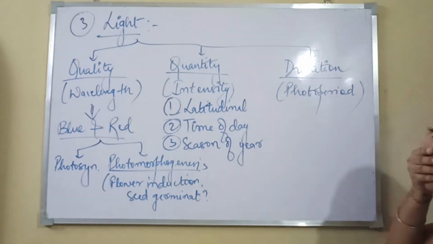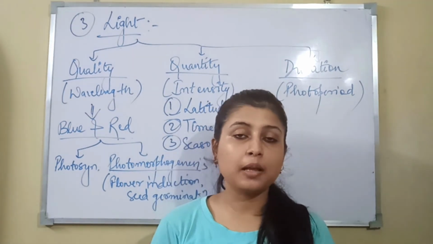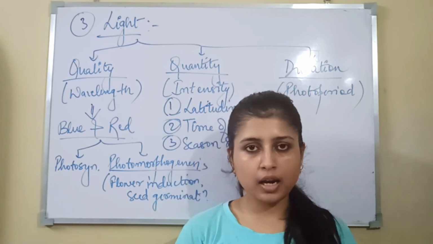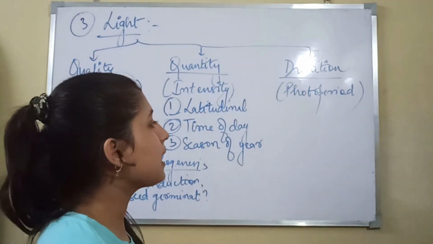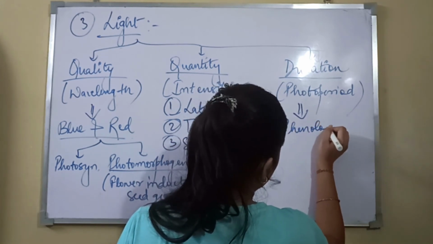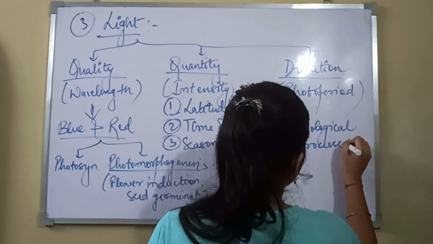The last one is duration, the photoperiod. Duration is related with the photoperiod, the period in which sunlight is present. Fine. So duration is important for phenological processes. Okay?